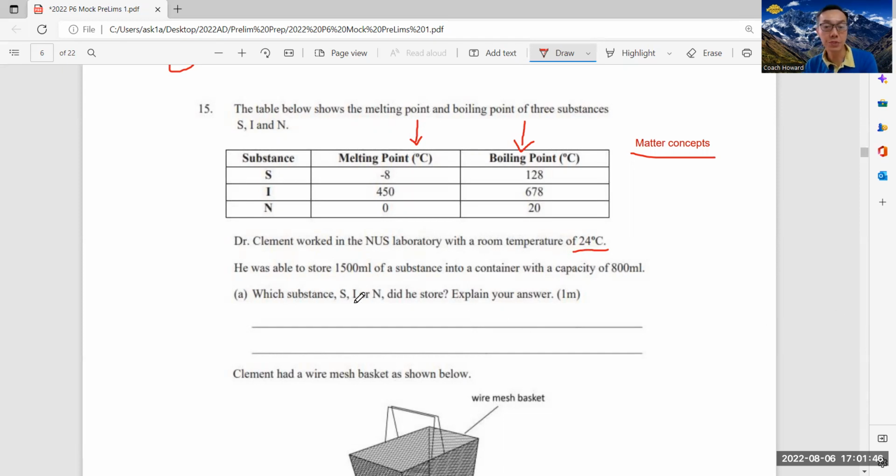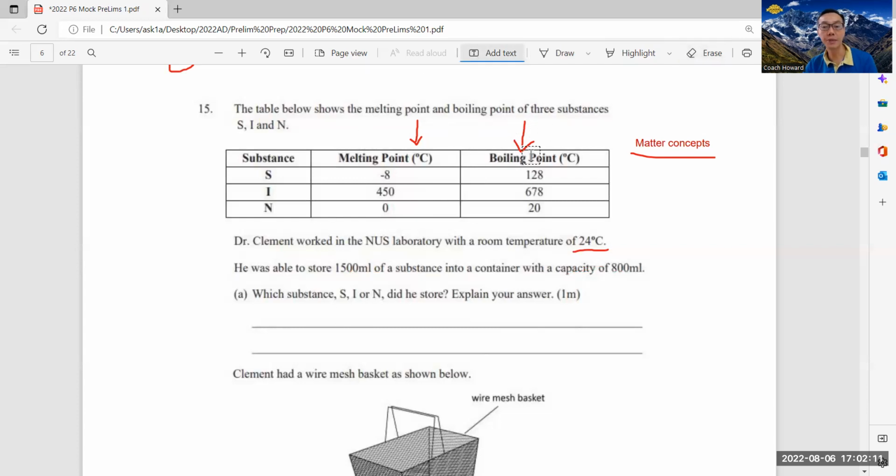So he's able to store 1,500 ml of a substance into a capacity of 800. That means the container is 800 ml, but 1,500 ml of this is able to squeeze inside. So you must understand, in order to store this, that means this substance must exist as a gas at 24 degrees Celsius. So what substance is that?